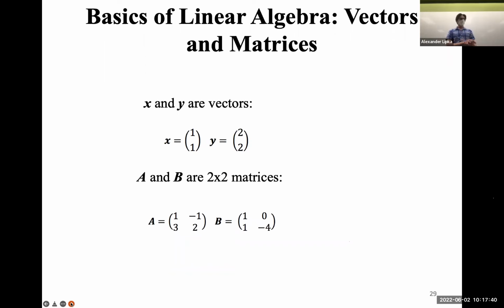Let me ask you all a question. How many of you are scared of linear algebra? It's okay to say yes. Okay, cool. I took linear algebra when I was an undergrad. It scared me so much, I think I had to take the class twice.